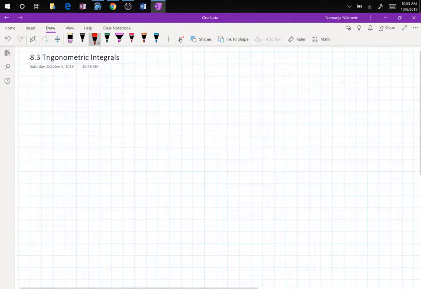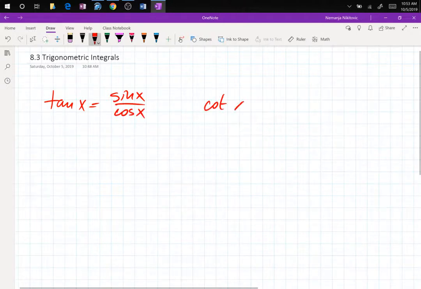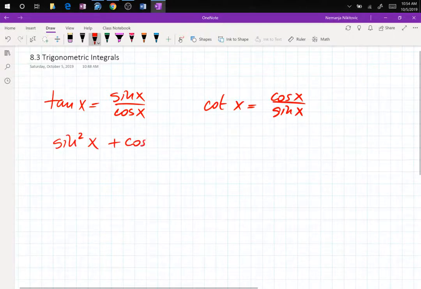The first we have are the formulas that you absolutely must know or you are doomed. Tangent x is sine x over cosine x. Cotangent x is cosine x over sine x. These are the two introductory formulas. And then we have the Pythagorean identity, sine squared x plus cosine squared x equals 1.